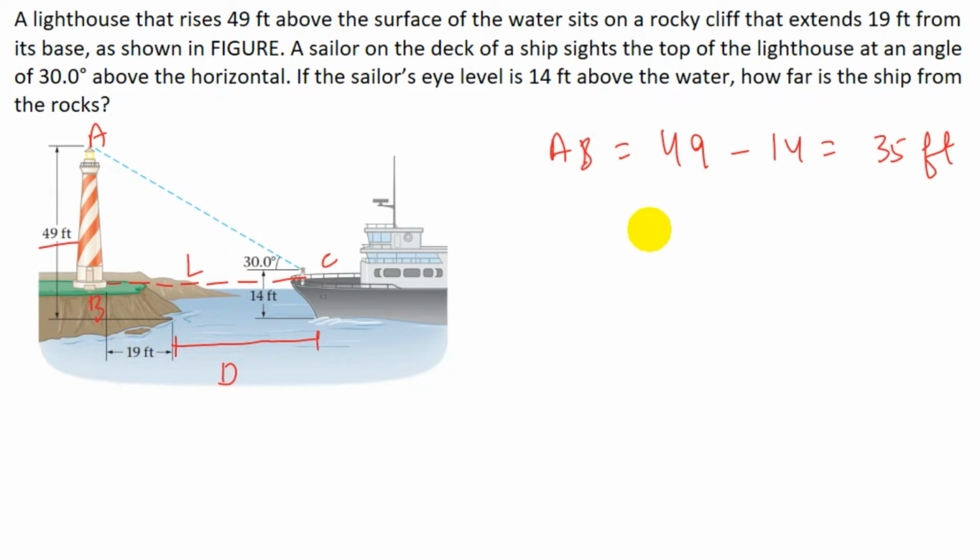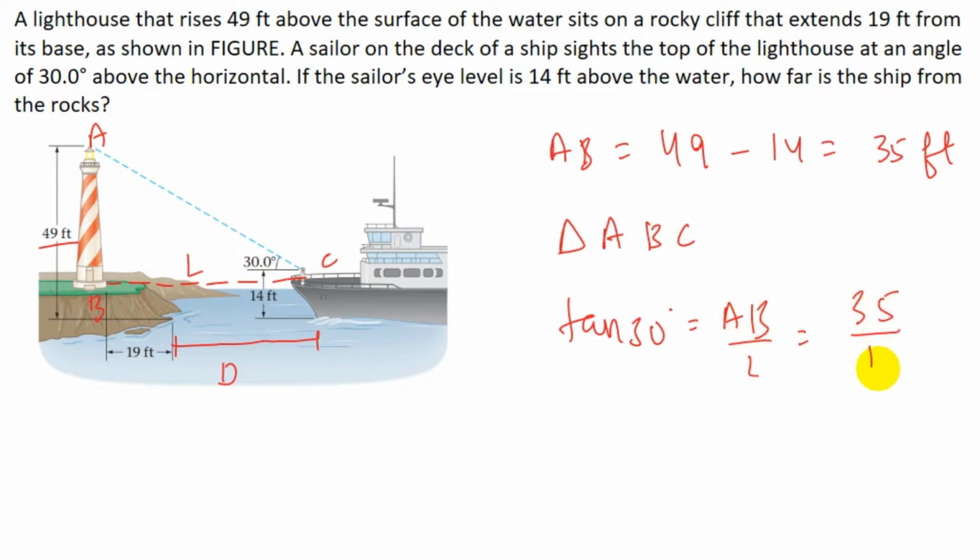So let's do it. Consider the triangle ABC. In this triangle we can write that tangent 30 degrees is perpendicular over base. Perpendicular we have AB and base we have L. AB is 35 feet and L we have to calculate.